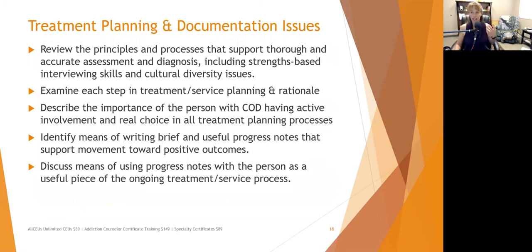You need to examine each step in the treatment service planning and rationale with the client and describe the importance of the person with the co-occurring disorder having active involvement and real choice in their treatment planning process. You need to be able to help them understand why it's not okay for you to just write their treatment plan for them.